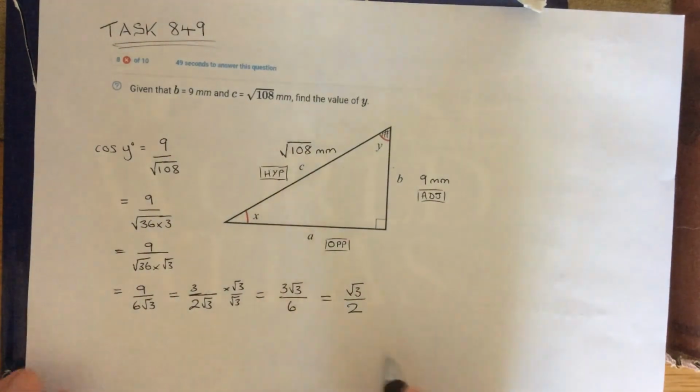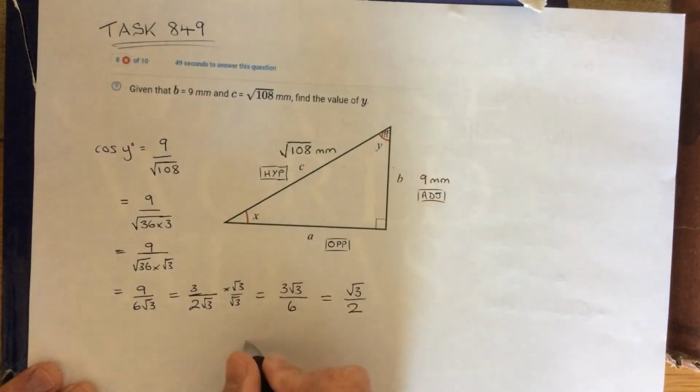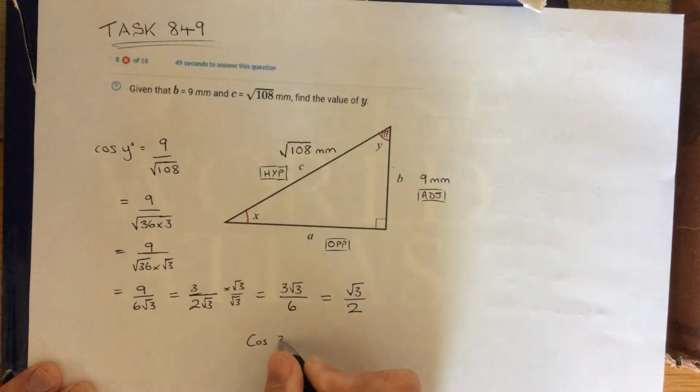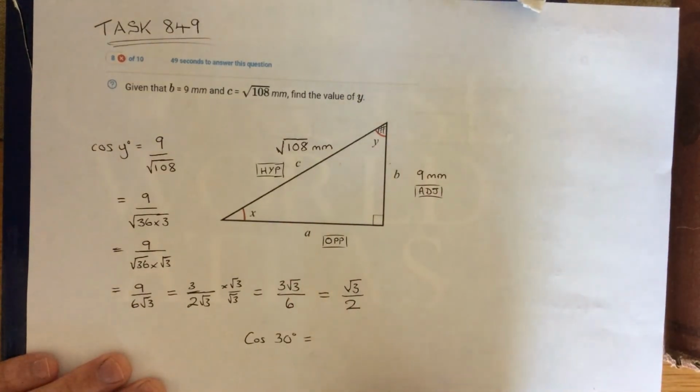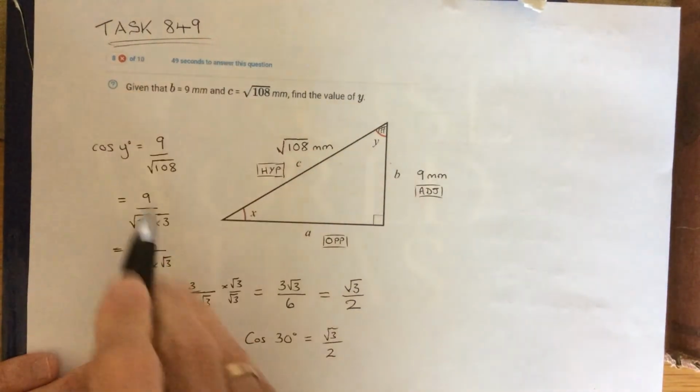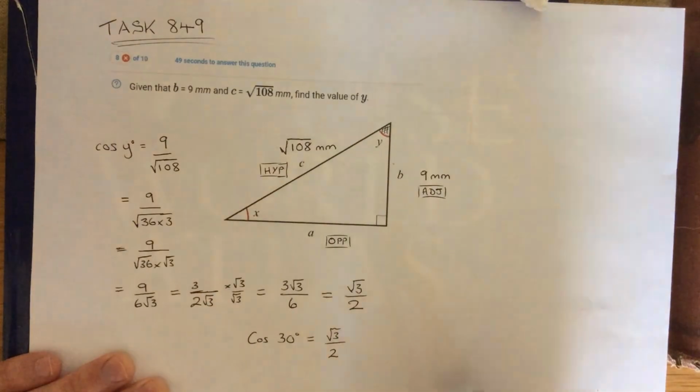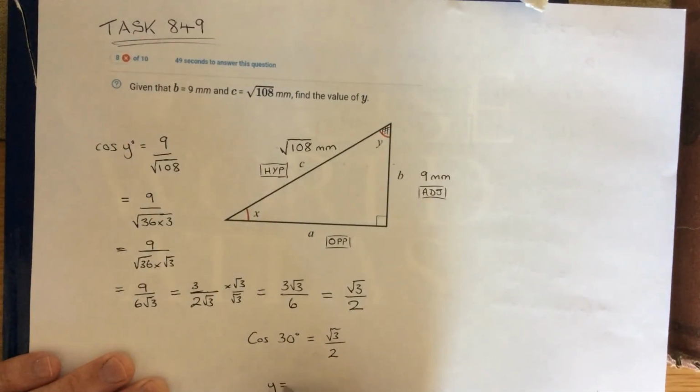So therefore, well, I could put that in, can't I? Cosine, so just to show the examiner that I know the exact trig value for cosine 30, it's root 3 over 2. So back to the original question, angle Y is 30 degrees.